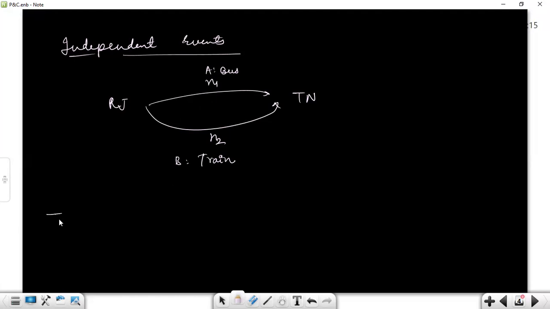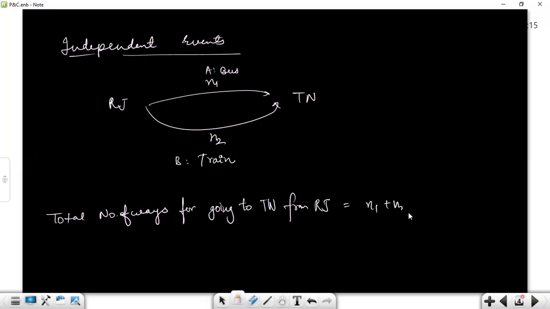So now the total number of ways for going to Tamil Nadu from Rajasthan is N1 plus N2. And we may write here that A event or B event is happening. They are not dependent on each other. So in this case, the total number of ways will get added.